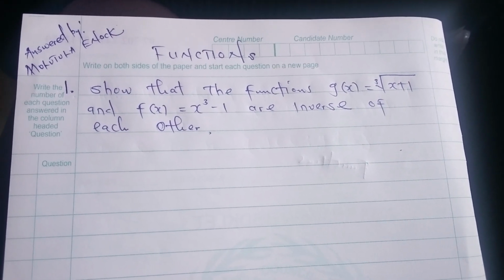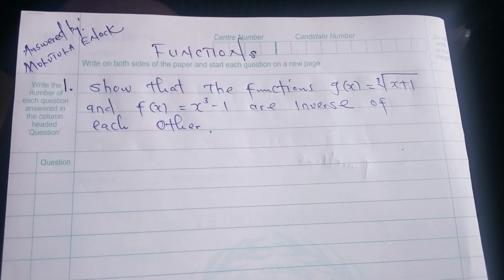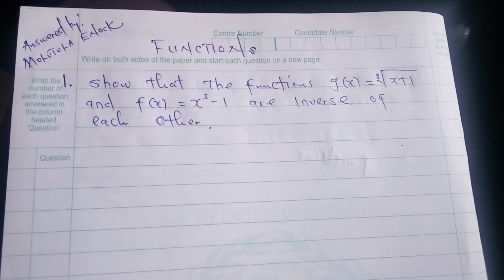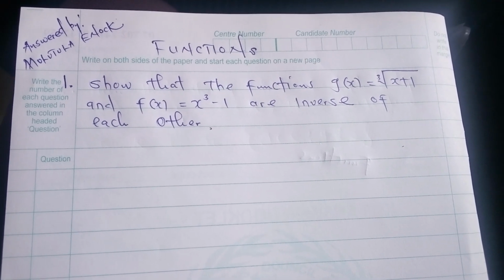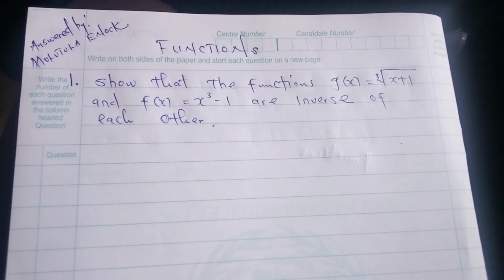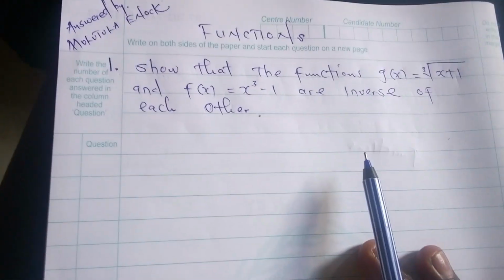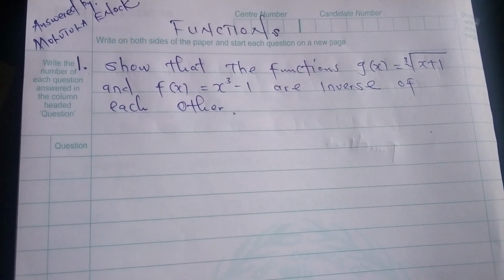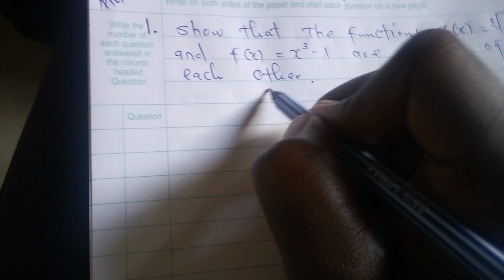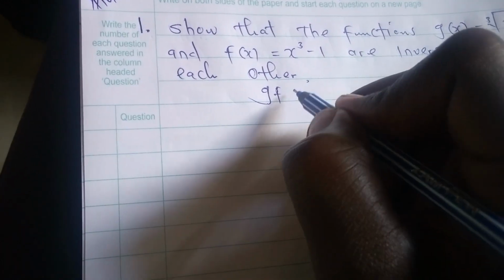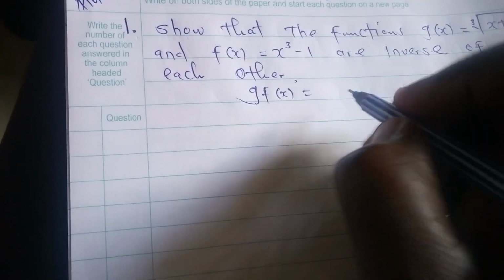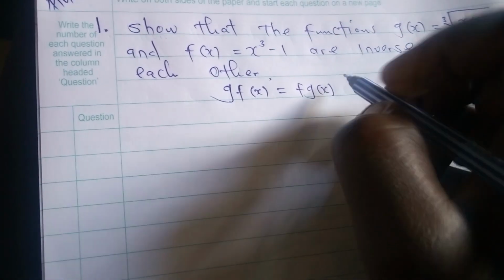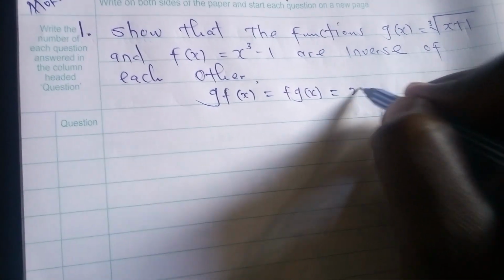The first question says, show that the functions g of x and f of x are inverse of each other. One thing that you should know about inverses of functions is that g of f of x should equal x, and f of g of x should also equal x.